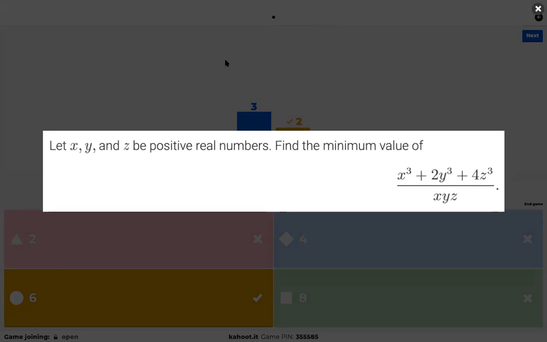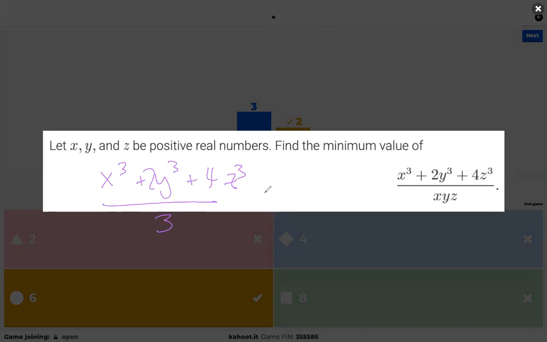So I guess what we had is x cubed plus y cubed plus, oh, sorry, 2y cubed plus 4z cubed.